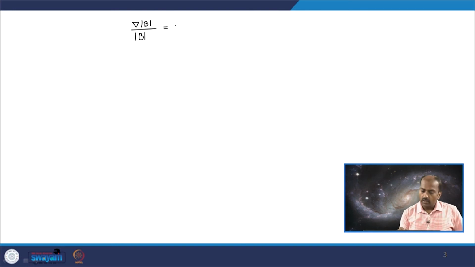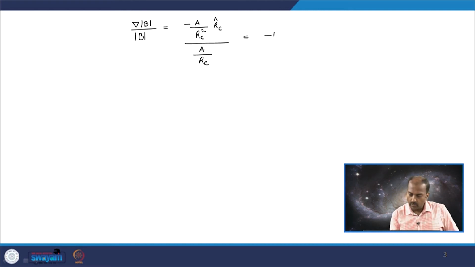Now, we will take a ratio, let us say the ratio of the gradient of the magnetic field's magnitude divided by the magnitude of the magnetic field, which is equal to minus A by RC square directed along RC, divided by A by RC, which is equal to minus RC cap divided by RC, which is equal to minus RC over RC square, right.